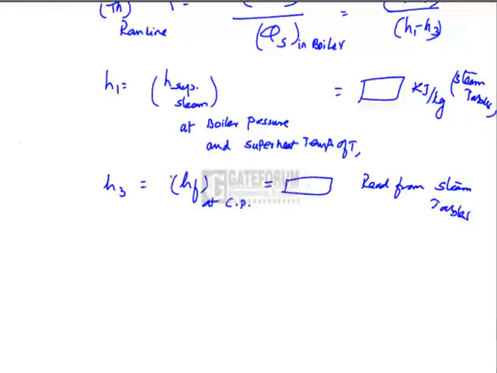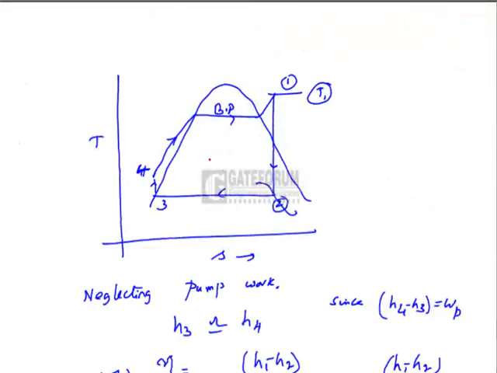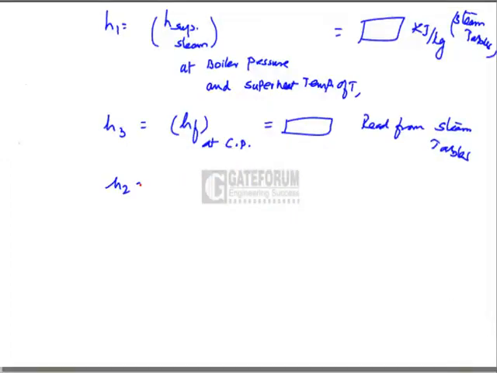Now coming to the H2. H2 is in the wet region. Point 2 is in the wet region. Therefore, to get enthalpy at 2, we need the dryness fraction at condenser pressure.